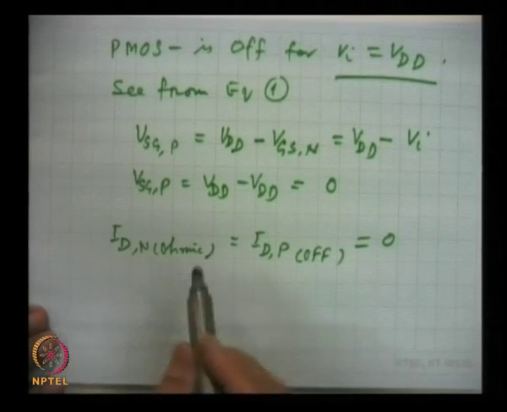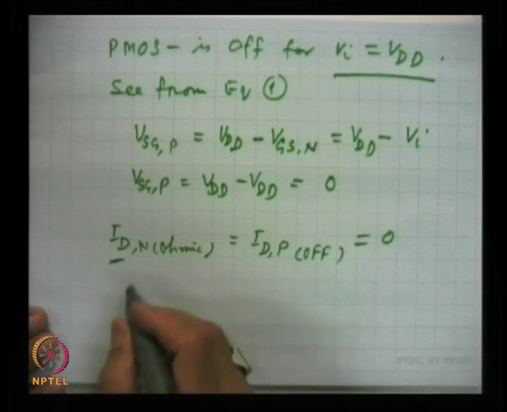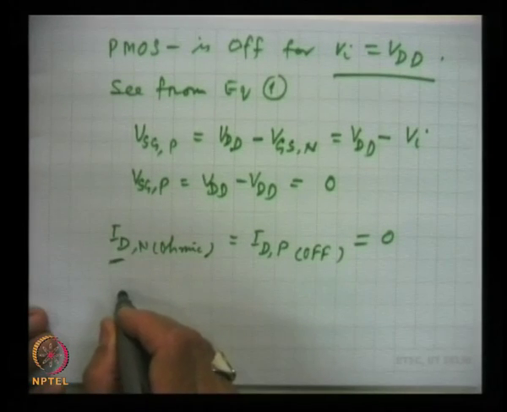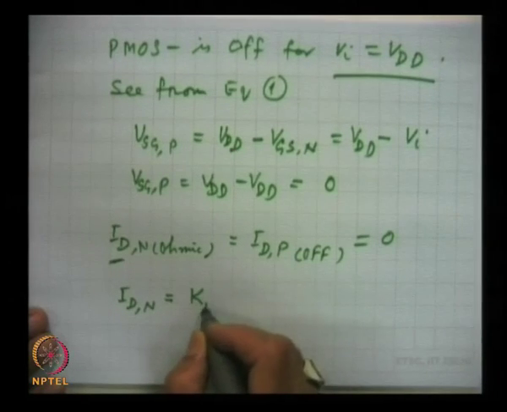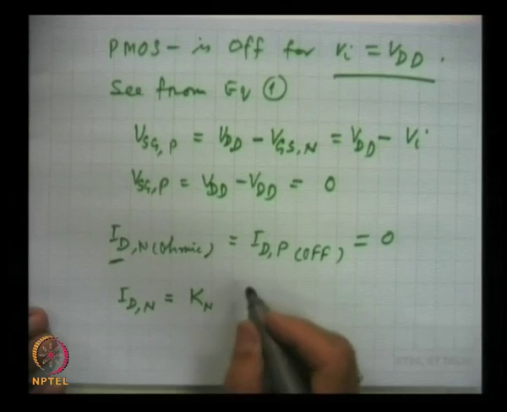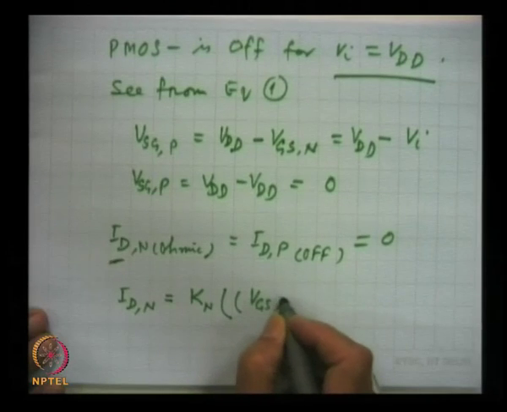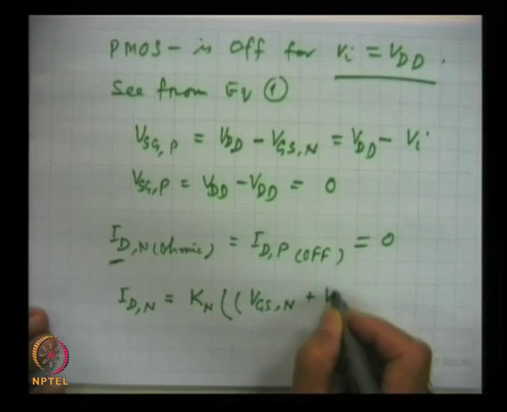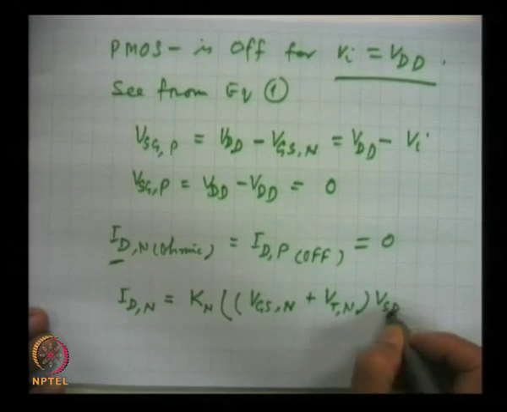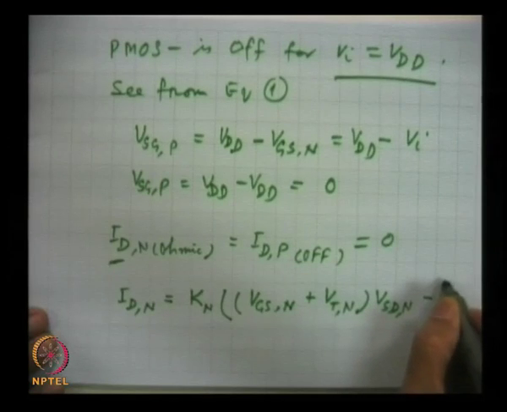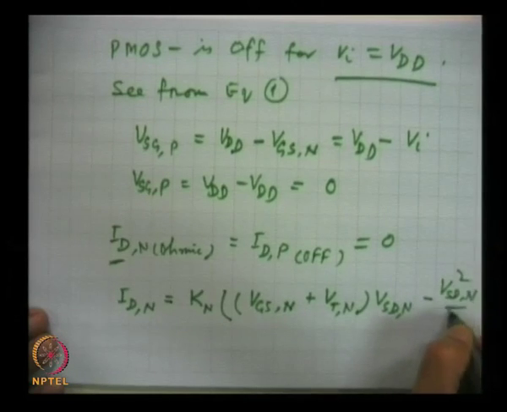And once we write the equation for the drain current for the NMOS, as we did in the previous case, here IDN is equal to KN times (VGSN plus VTN) times VSDN minus VSDN square by 2.